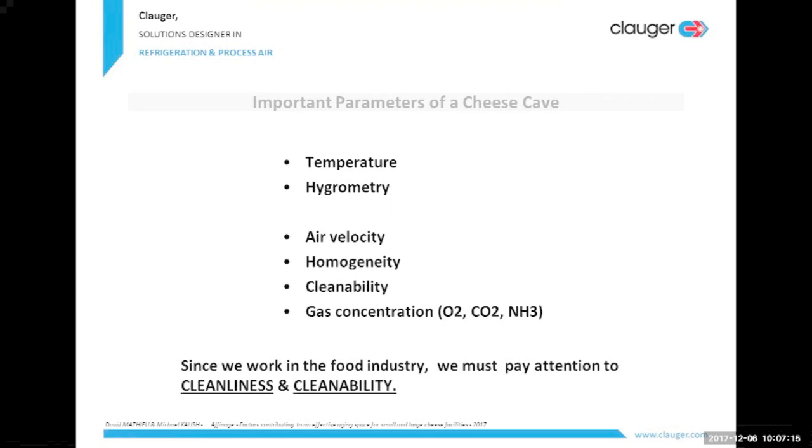The parameters to control in a cheese cave, of course, are temperature and the hygrometry, the humidity. That's the most simple, I would say, to control.